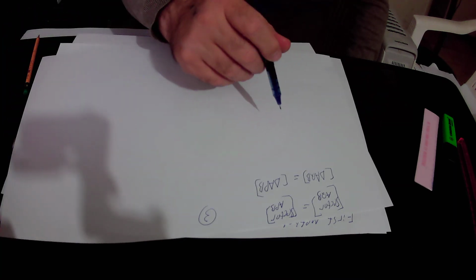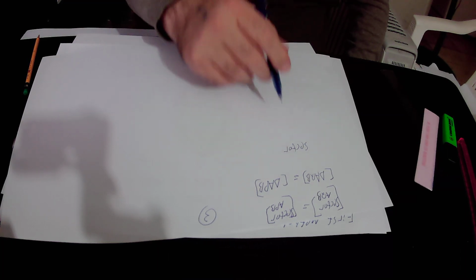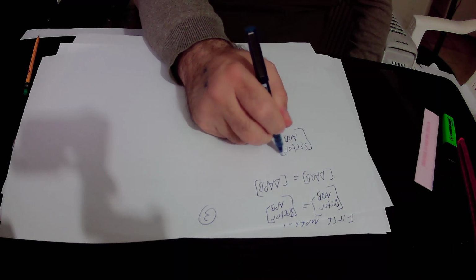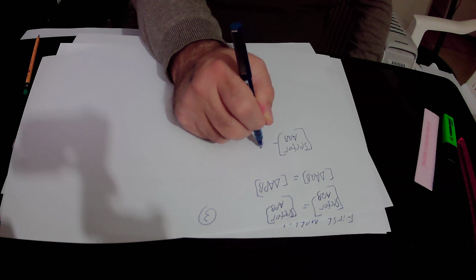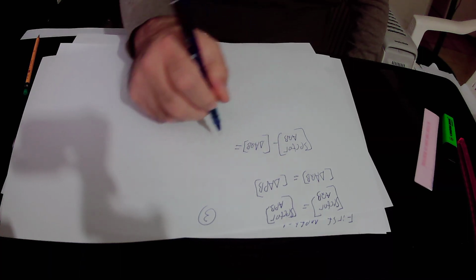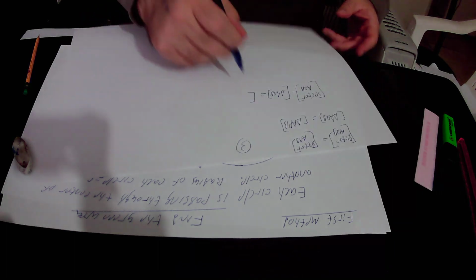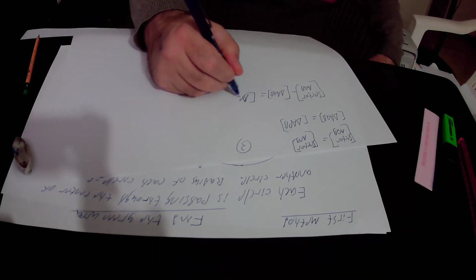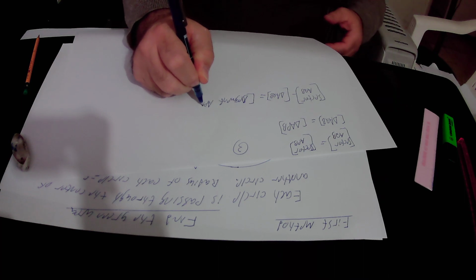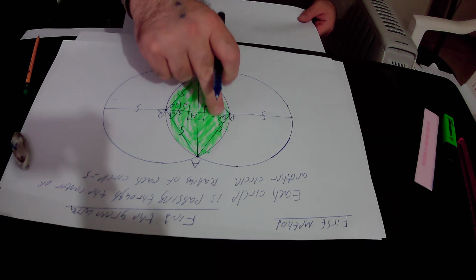The area of sector AQB minus the area of triangle AQB will be equal to the area of segment APB. Okay, this is segment APB.